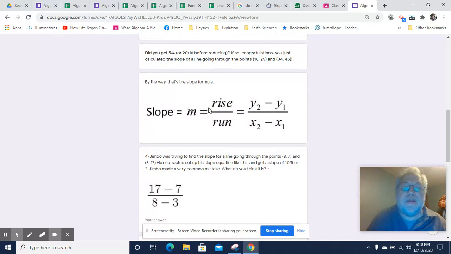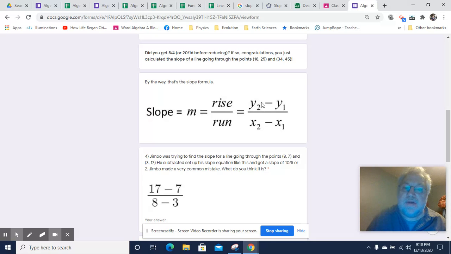Now let's take a look. Here's the slope formula. M is the letter we use for slope, for montagne, or because mountains have slopes. We think about it as the rise over the run, which you calculate by getting the difference between the y values and dividing that by the difference in the x values, if you have points (x1, y1) and (x2, y2).